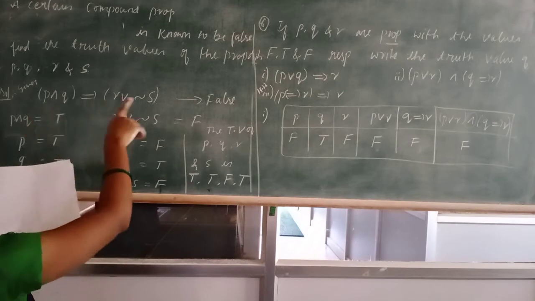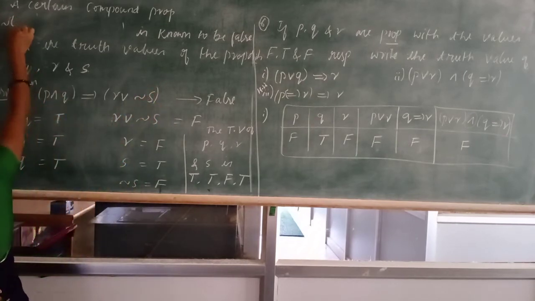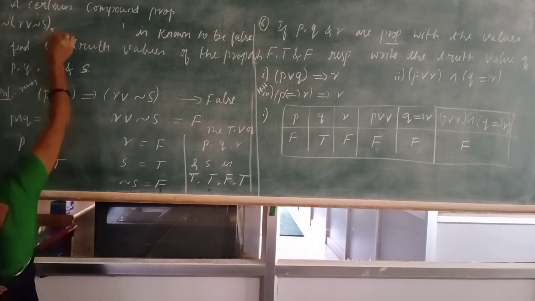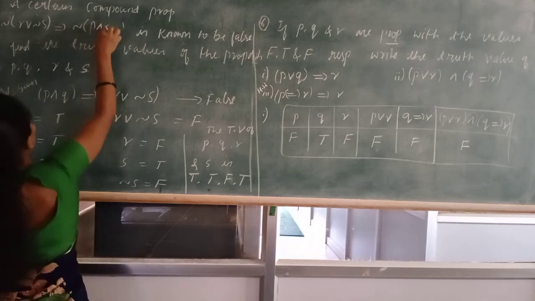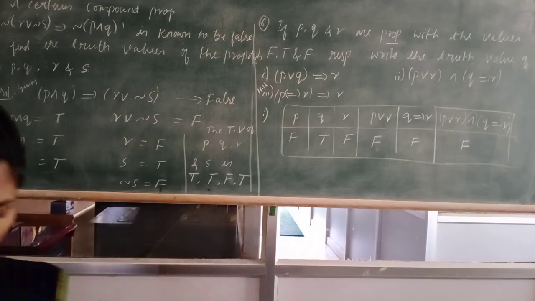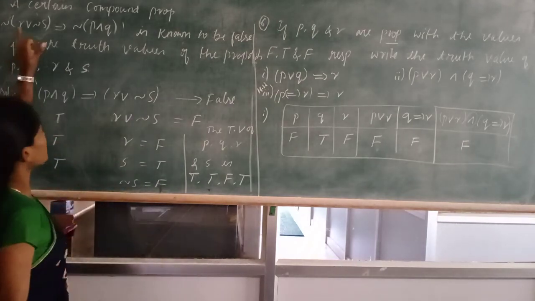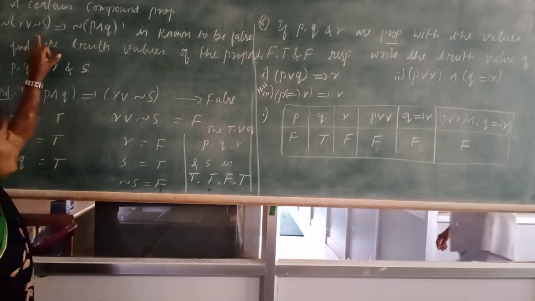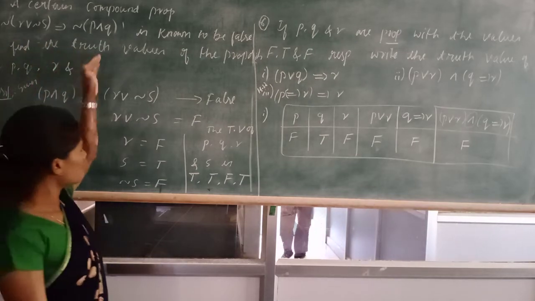Same, if the compound proposition negation of S implies negation of (P or Q), P and Q, is given to be a false value. Same question, just it is changed. Proposition is changed. So you have to find the truth values for this proposition, in the same manner.